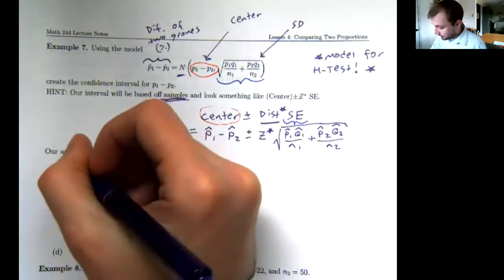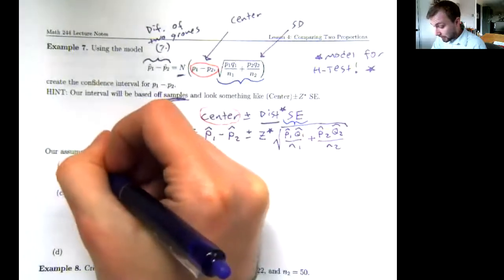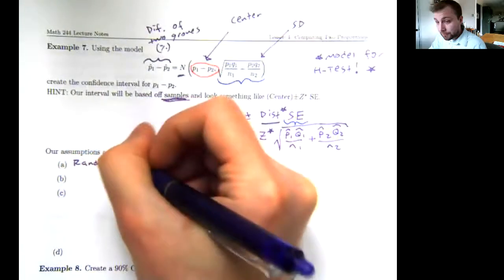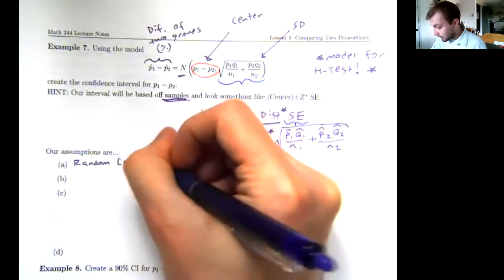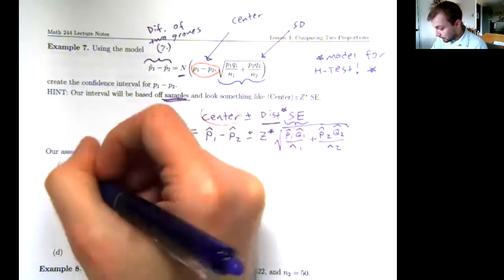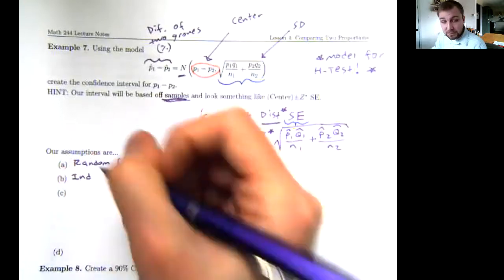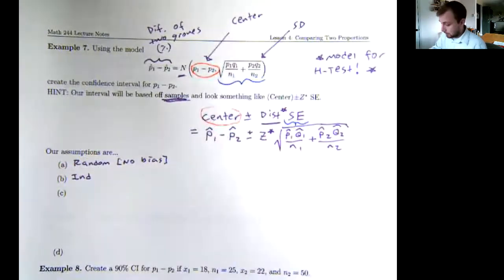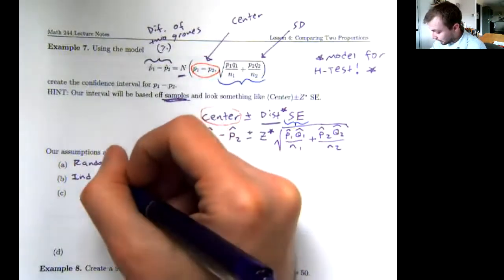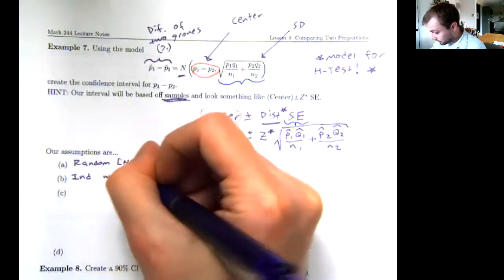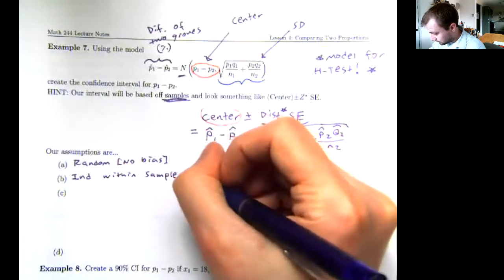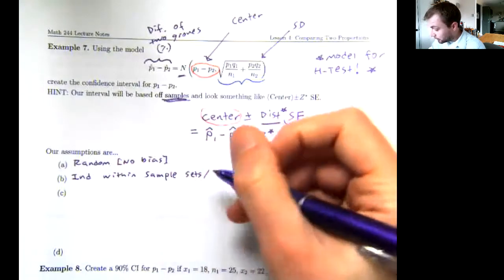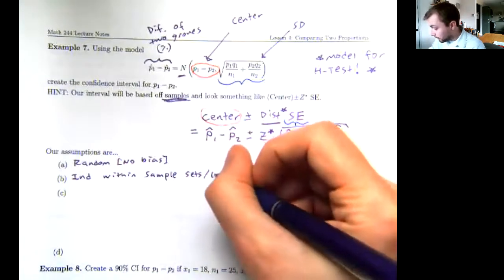So my assumptions, well, the same big three that I always have. I need to have a random sample. By that, I mean there should be no bias in the way I've collected the data. I should have independence between trials, so independence within my sample sets. That's hard for me to judge. So luckily I have the backup for that.